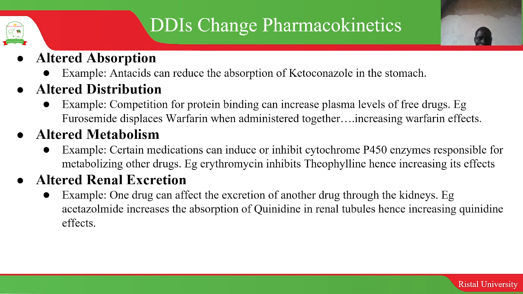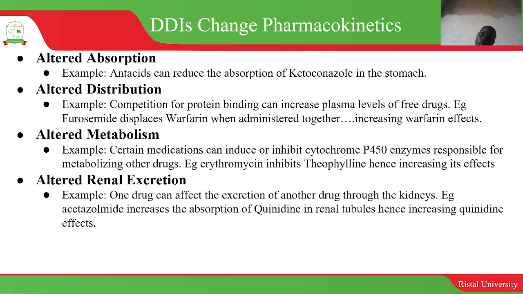For example, altering absorption: we said antacids can reduce the absorption of ketoconazole in the stomach. The drug ketoconazole needs the acidic medium in the stomach. The stomach contains hydrochloric acid, and when we swallow this drug on an empty stomach, it is a good medium that dissolves the drug quickly.